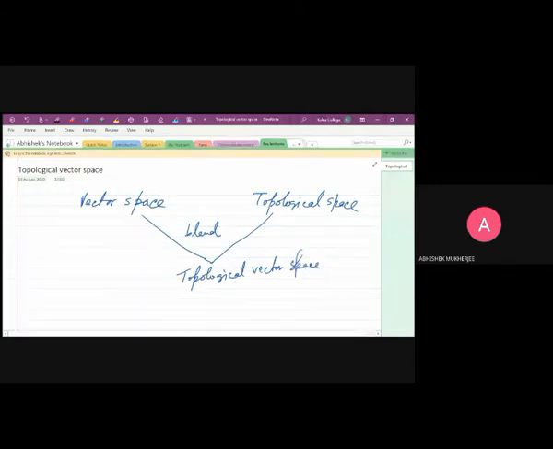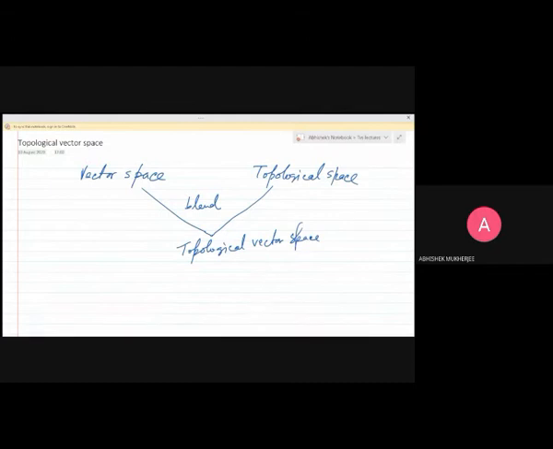But what is the definition of topological vector space? So let me start with a very preliminary concept of topological group, which will lead to the particular example of a topological group, which is going to be topological vector space.